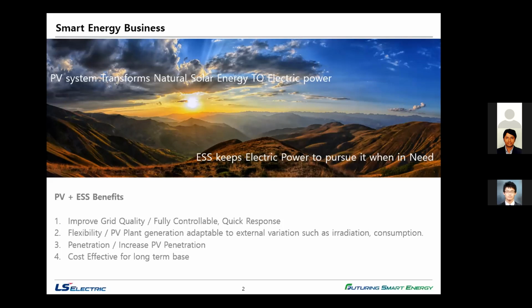So what is the benefit of photovoltaic, the module and the inverters, plus ESS and the storage system? In short, first of all, it improves grid quality, is fully controllable with quick response and flexibility, PV plant generation is adaptable to external variations such as irradiation, consumption and grid requirements, it increases PV penetration, and lastly, it is cost effective on a long-term basis.